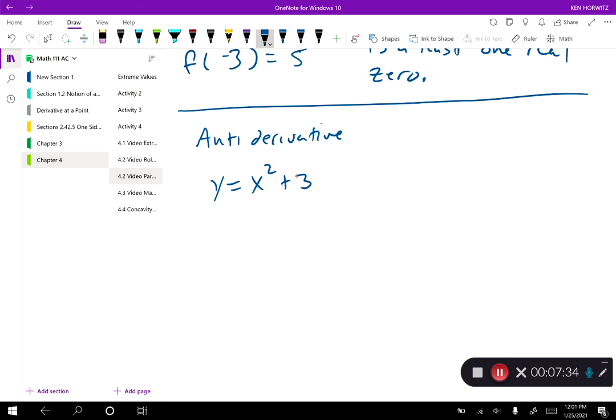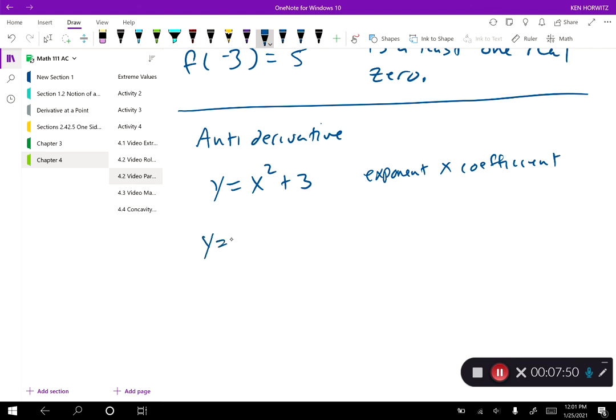So in order to do the power rule, I take my exponent and multiply it times my coefficient, right? And that's my new coefficient.